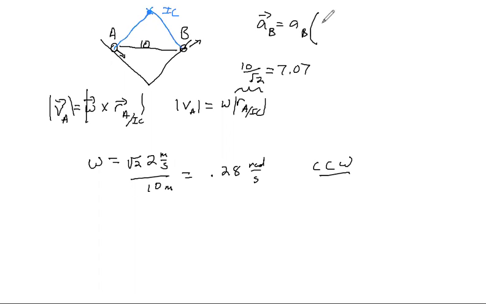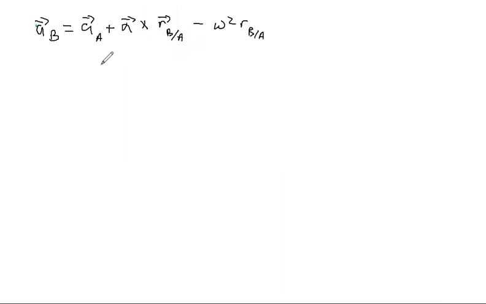So that would be x hat plus y hat divided by the square root of 2. All right, so this is going to be the acceleration of B times x hat plus y hat divided by the square root of 2 equals the acceleration of A.